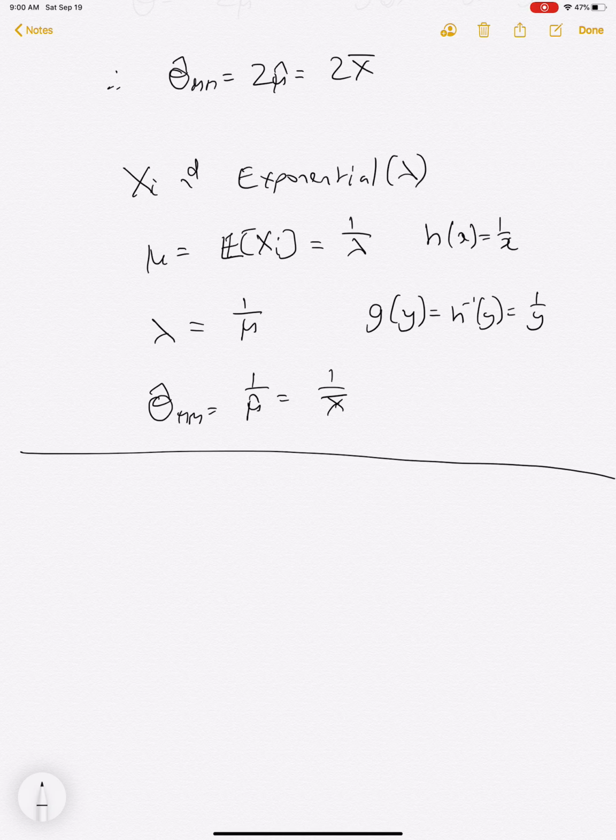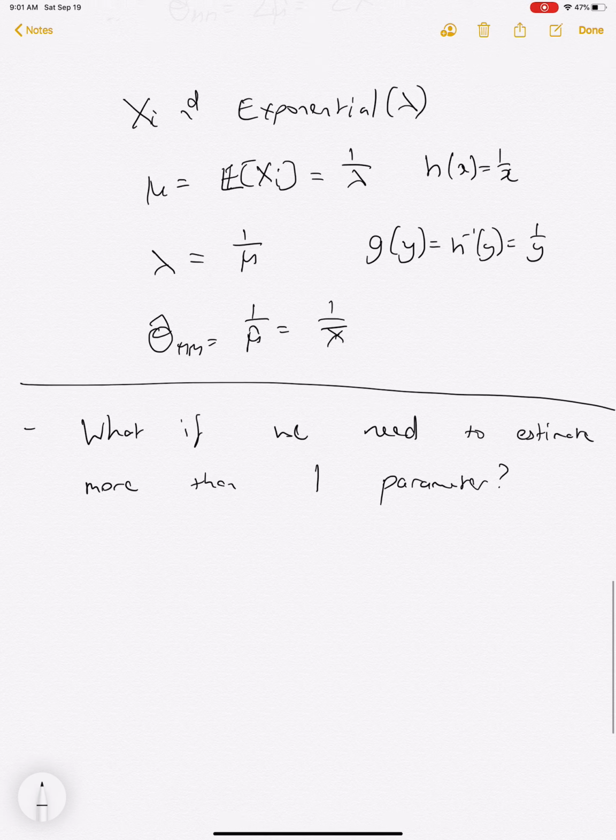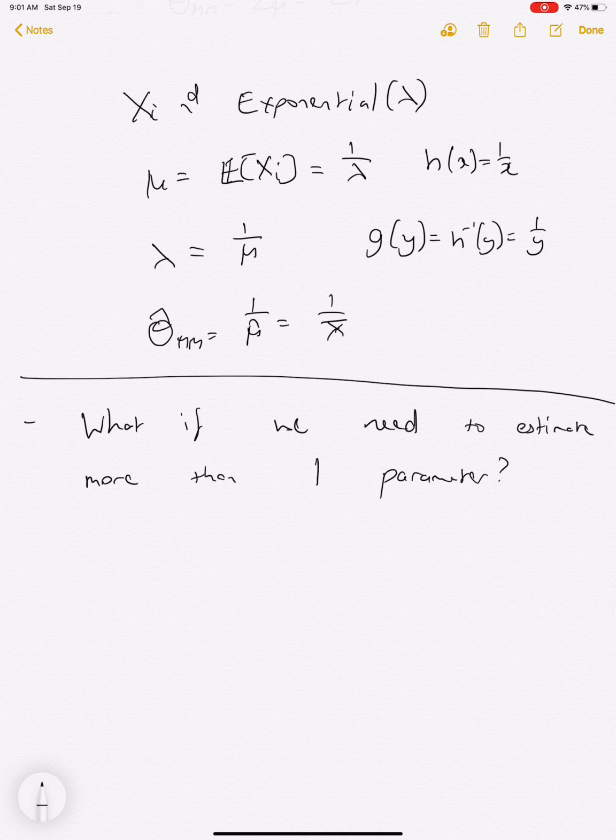And then a natural question that you might think about, and that we certainly need to think about, is what if we need to estimate more than one parameter, so say you have theta 1, theta 2, up to theta k.